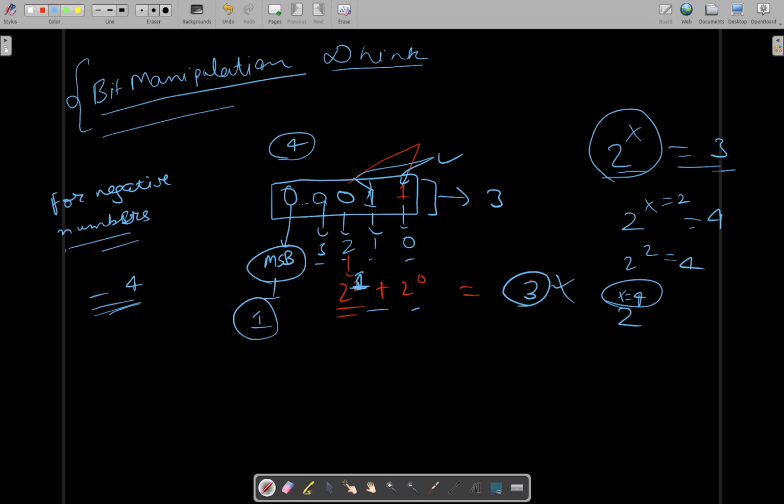And other than that, negative numbers are stored in the form of 2's complement when they are stored in our system. Okay, so 2's complement.